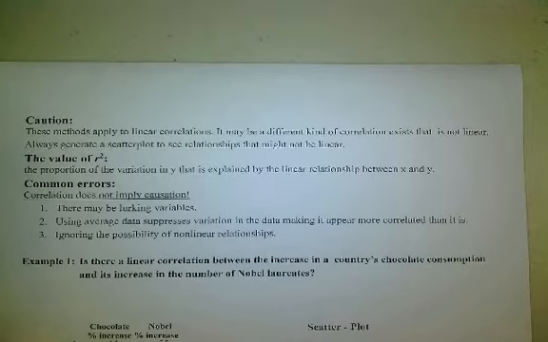Also, if you are using average data values as opposed to the actual data values, that tends to suppress variation in the data and makes it appear more correlated than it really is. And then again, we are looking for a linear relationship and the possibility that there are relationships that are nonlinear.